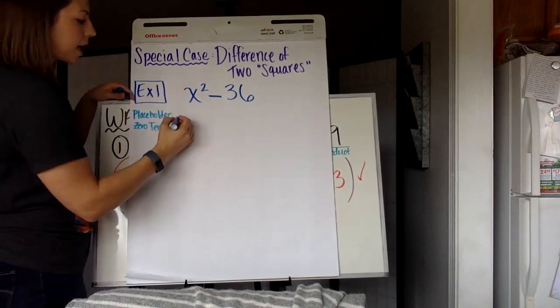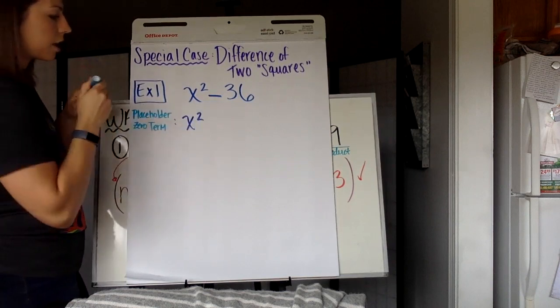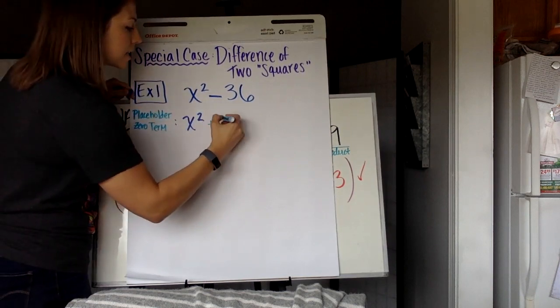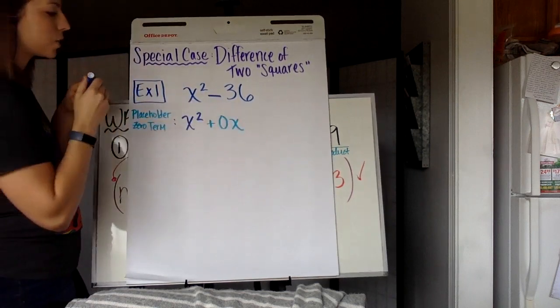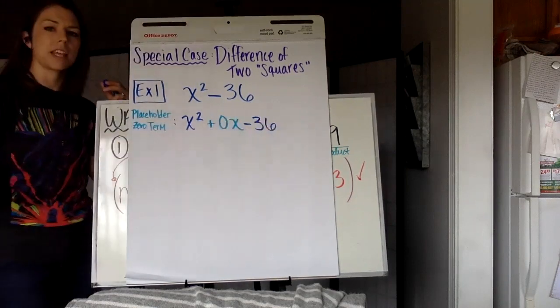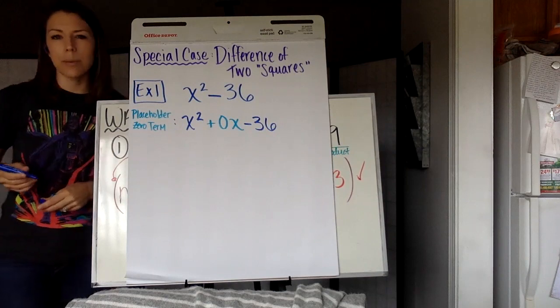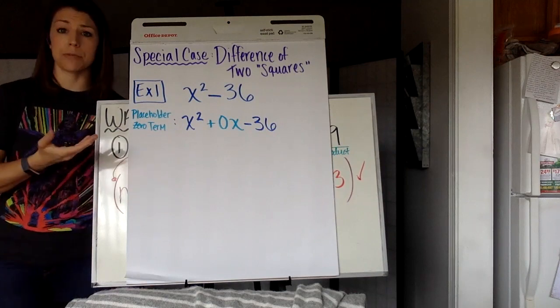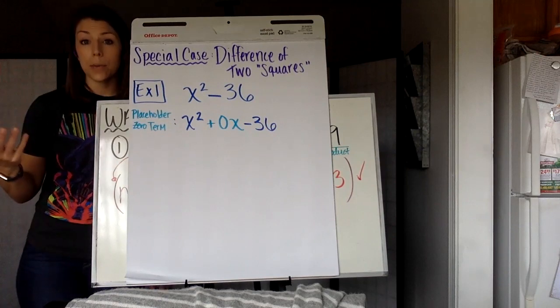So it basically becomes x squared plus 0x minus 36. If you think about it, adding 0 doesn't change anything to the actual expression, like its value. It just changes its number of terms. We could add a bunch of zeros if we wanted to. In this case, we're just adding that 0 term. Why do you think we did that?